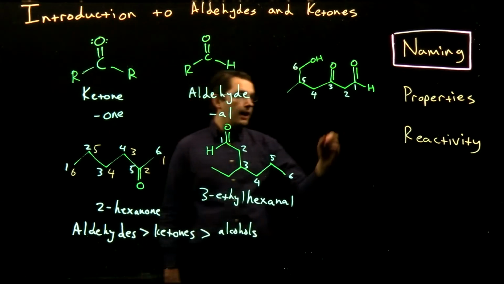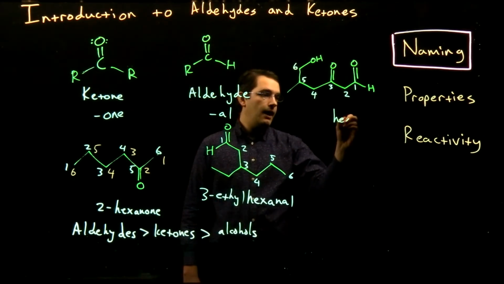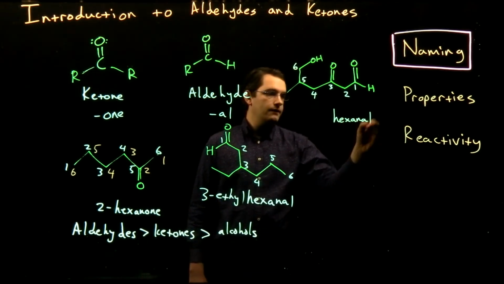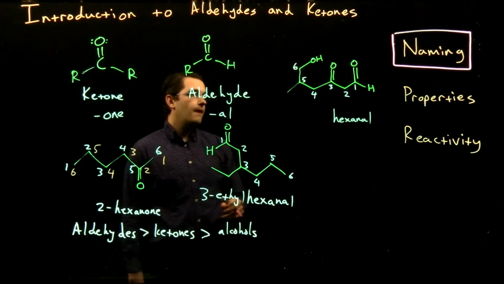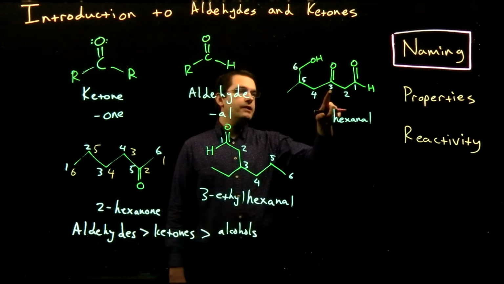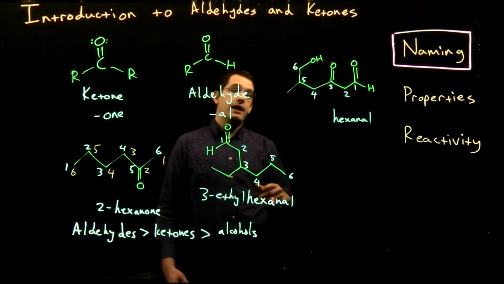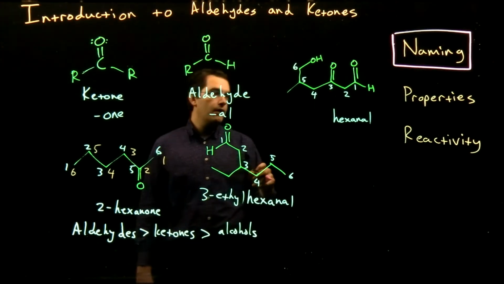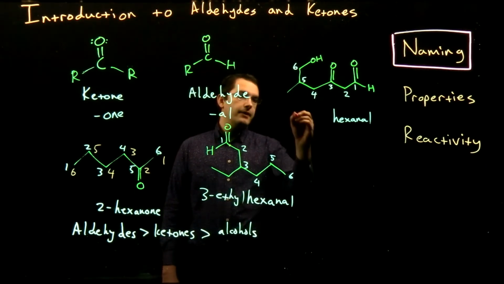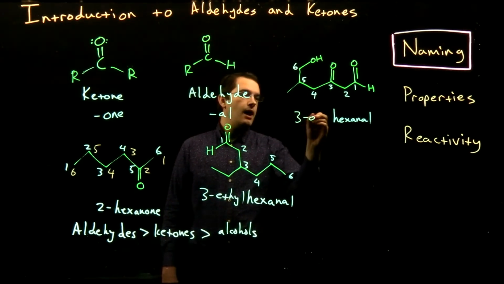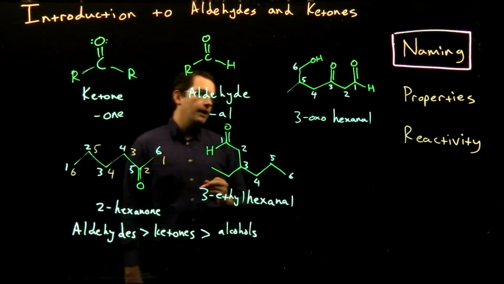So this then ends up being a hexanal again. So it's another hexanal derivative similar to the structure that we showed here. And then we have our ketone at the third position. To indicate a ketone here, we're going to use the oxo prefix. So this is going to be 3-oxohexanal.